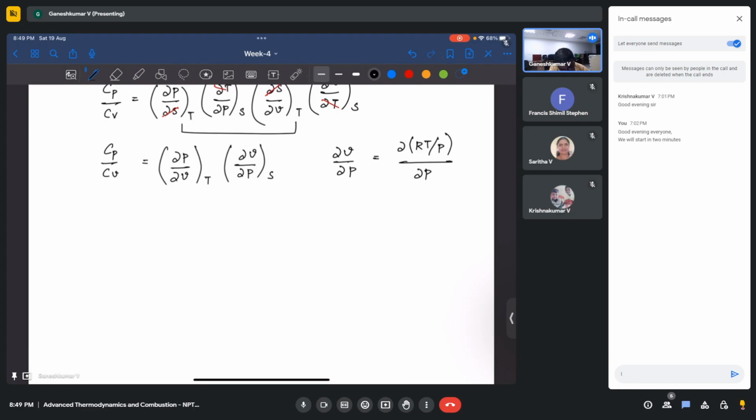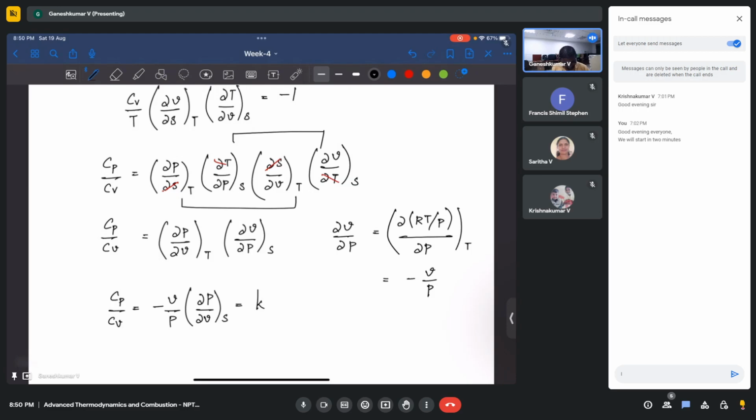And then at constant temperature, since ∂P by ∂P gets cancelled, it becomes minus V by P. And now if you rewrite this as Cp by Cv equals minus V by P times ∂P/∂V at constant S, this is what it becomes, and this is nothing but gamma.